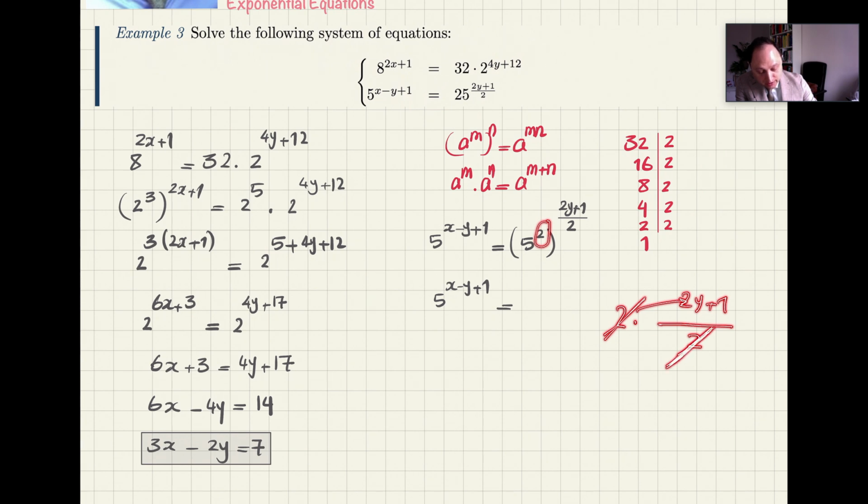Please learn that, yes? So we simplify this 2 by that 2, it becomes 2y plus 1. So this becomes 5 to the power of 2y plus 1. Again, the same story. I have equality between two powers of 5, so it cannot happen unless the exponents match.